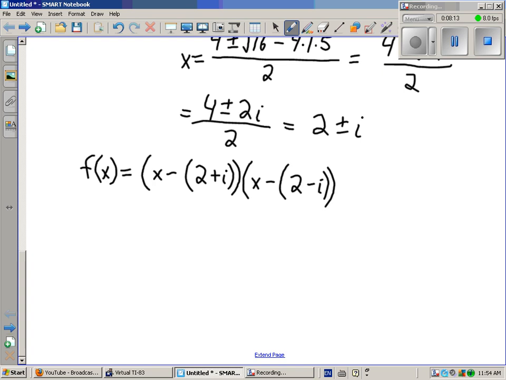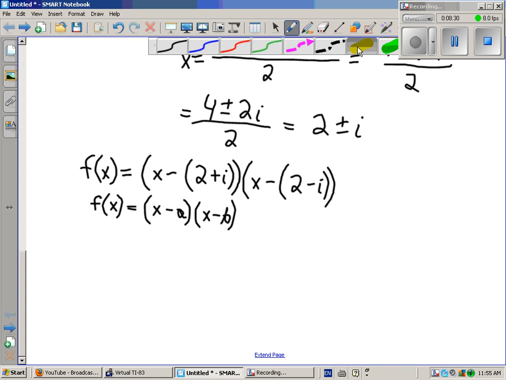So we're still following the same pattern of a second-order polynomial being x minus one zero, times x minus another zero. It's just that now, instead of having a nice clean real number there, we have a zero which is a complex number, which we have to write as a binomial.